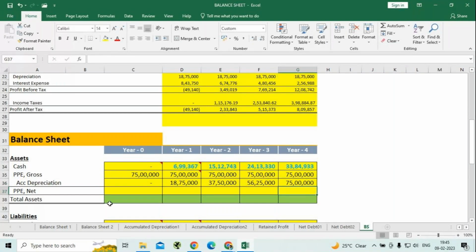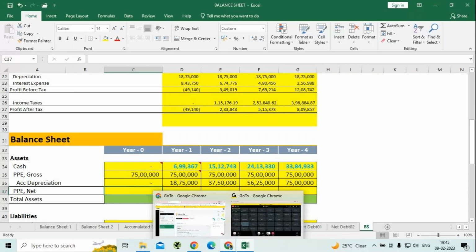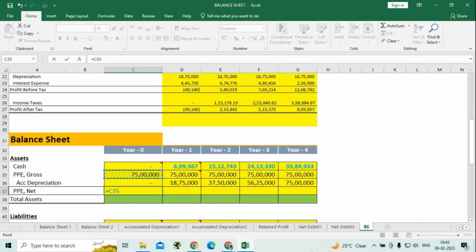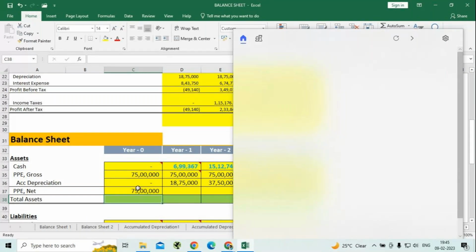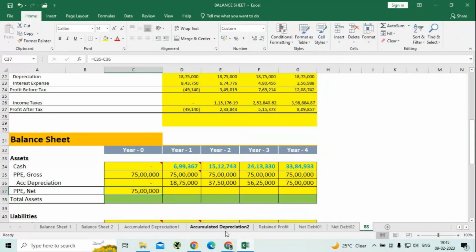Okay. So now the PPE net value will be equals to PPE gross minus accumulated depreciation value. Okay. So this, if you drag it, you can see that at the end of the period, so the value of an asset is 0. Okay. So the total asset value now, it is going to be equals to the cash balance.